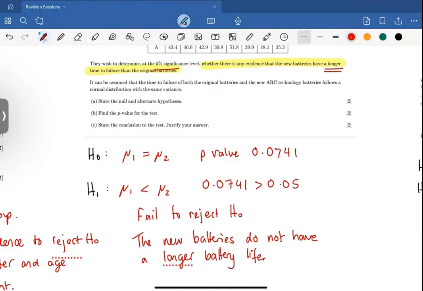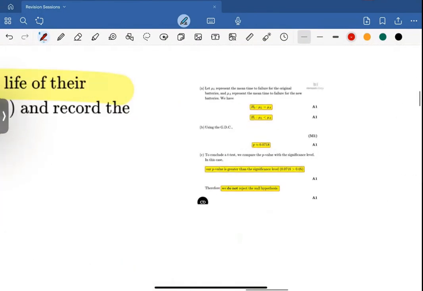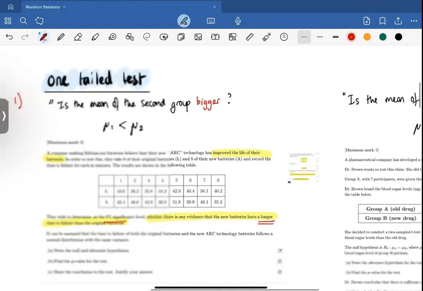Now, if you want to use this resource in the future, I have put in the little mark scheme here. So if you just zoom in, you should be able to see the marks and what you would get for each part of that question.